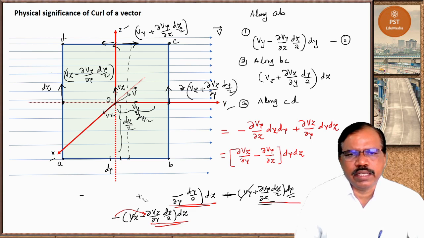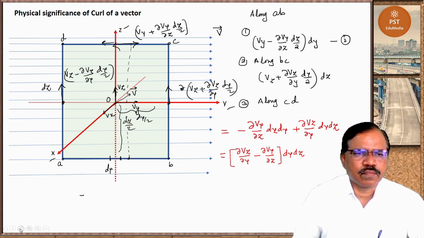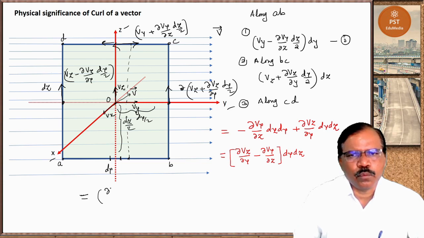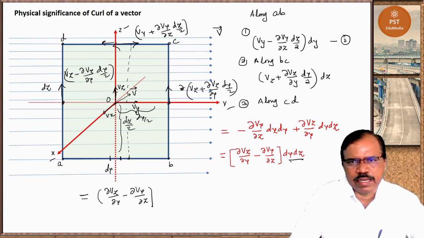So the curl for this will be ∂Vz/∂y minus ∂Vy/∂z. This is per unit area, since we have divided by dy dz.